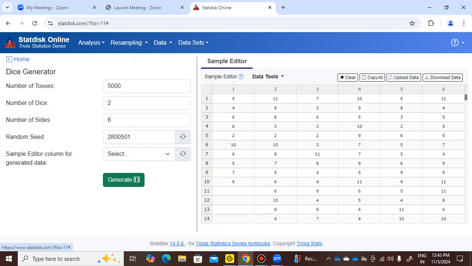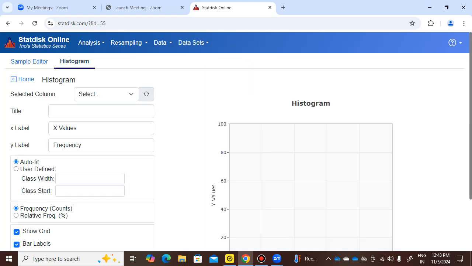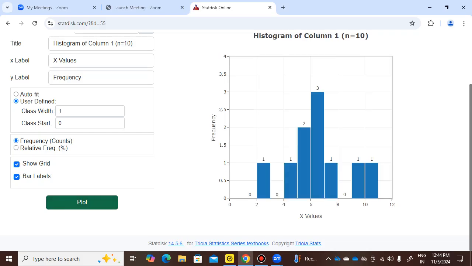Right, so we're going to go to histogram. I'm going to select the first column, start this at 0, and start the width at 1, and plot. So again, there are 2 twos, no 3s, 1 four, 2 fives, 3 sixes, 1 seven, 0 eights, 1 nine, 1 ten.